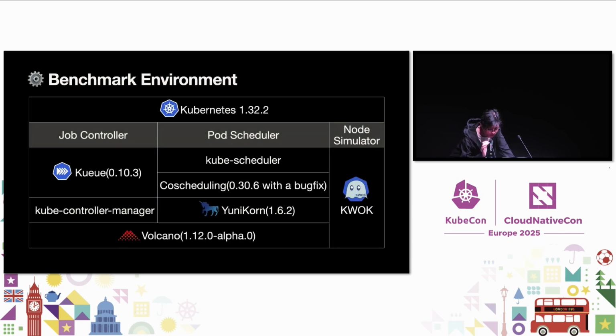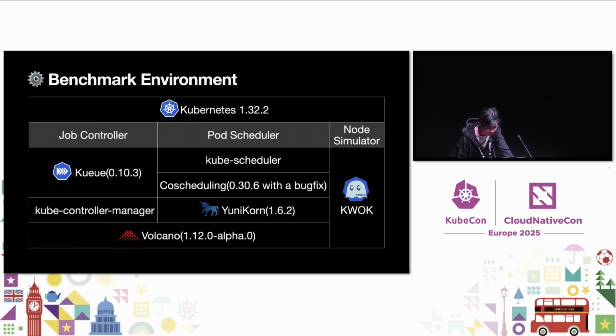Next is the performance environment. We use Kubernetes 1.32 for each scheduling plus controller combination. For example, for Kueue we use version 0.10. We are using the upstream coscheduling plugin and applied a local patch to fix a bug. We also found some bugs in Volcano and the Volcano team provided a fix.